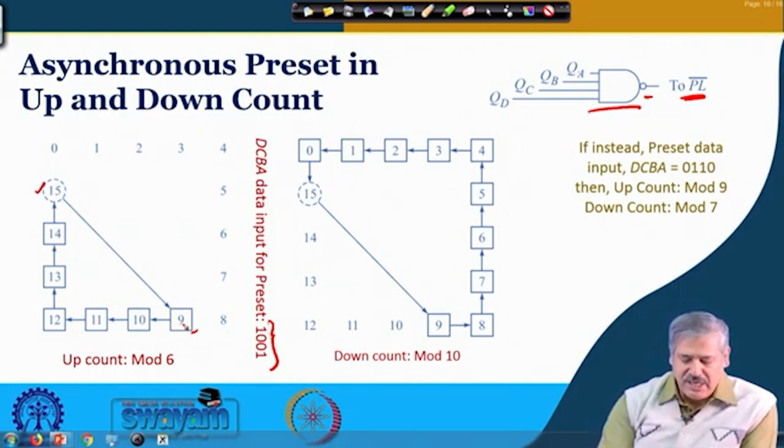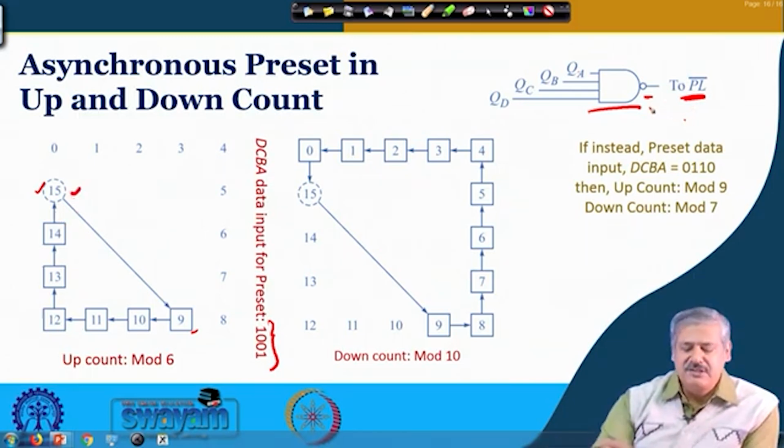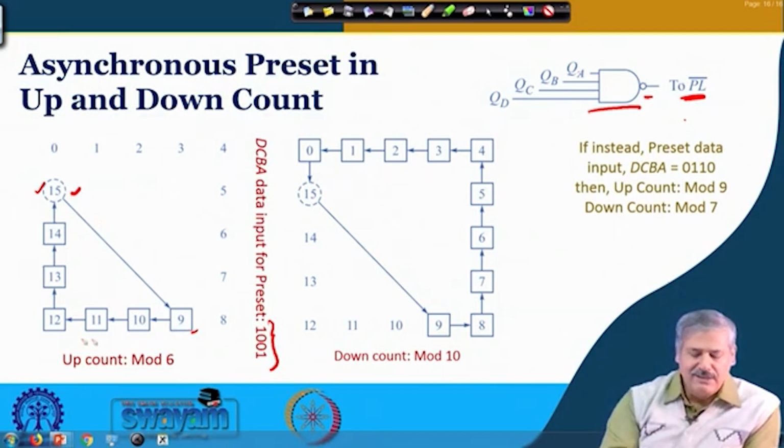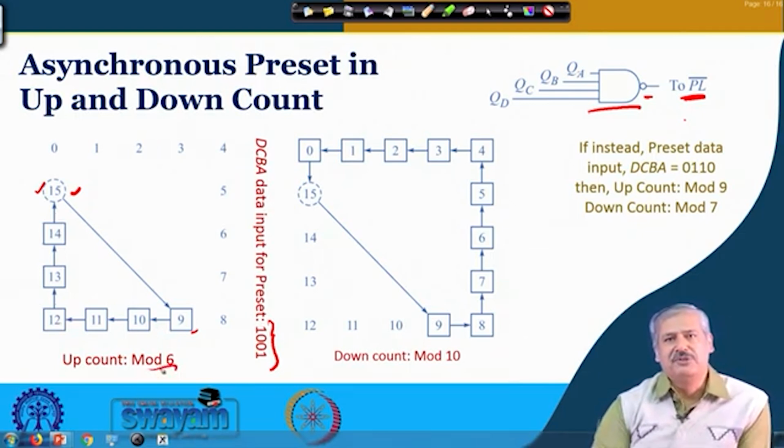So, it will go to 9, then 10, 11, 12, 13, 14 in up count mode, and as soon as it reaches 15, asynchronous reset. So, 15 and 9 are together in one clock cycle, and then again it will go on. So, you have 9, 10, 11, 12, 13, 14, a mod 6 counter available with you.